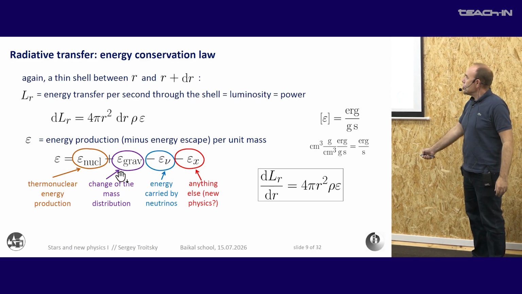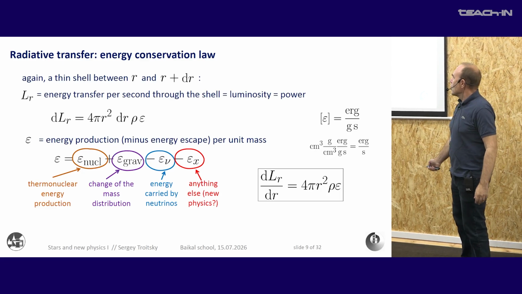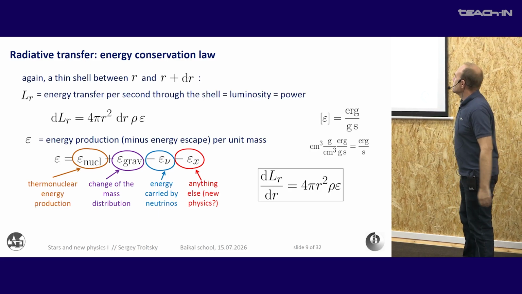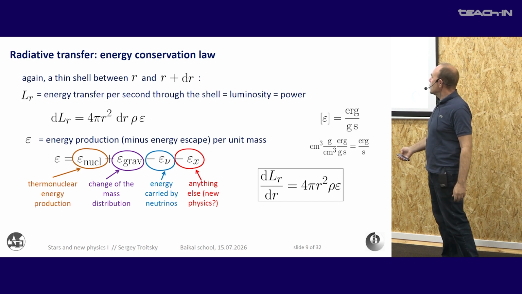It includes a possible, but normally very, very small contribution from the change of mass distribution in the star. For a stationary, long-living star, it is negligible.